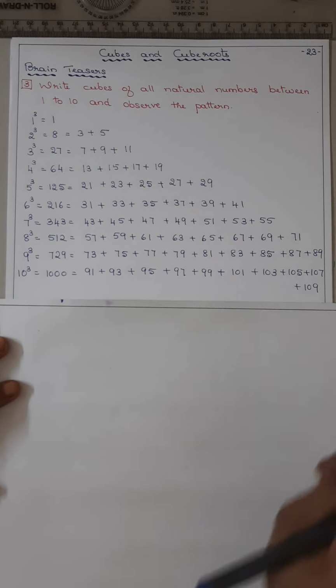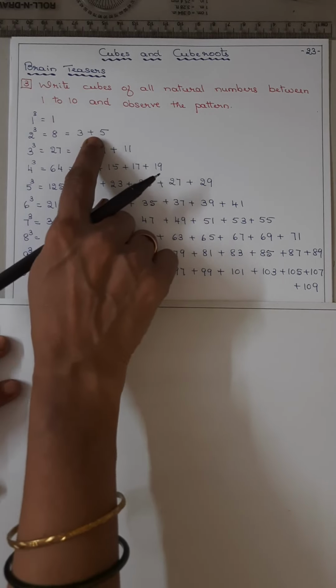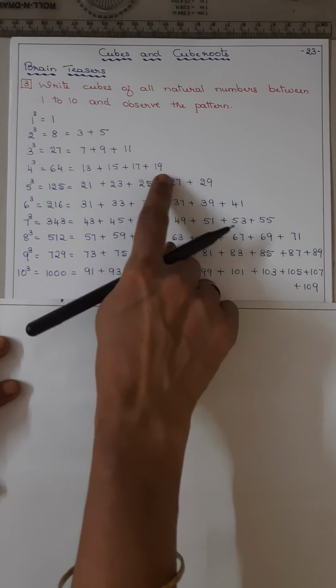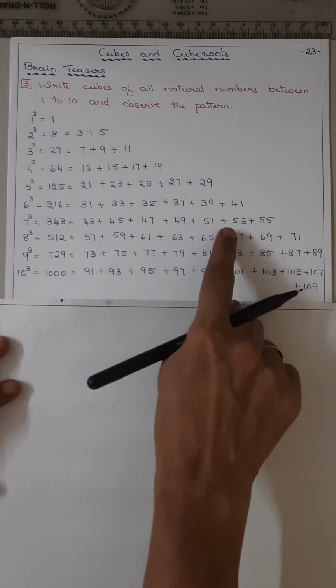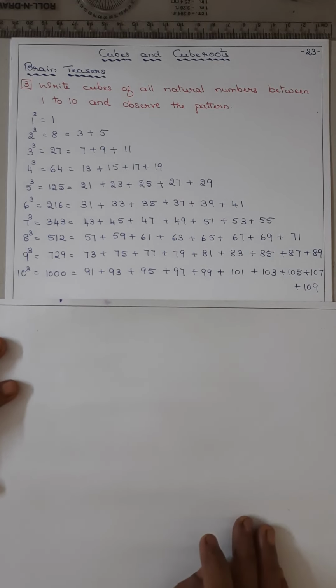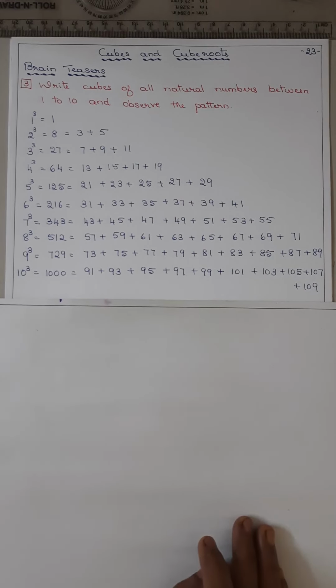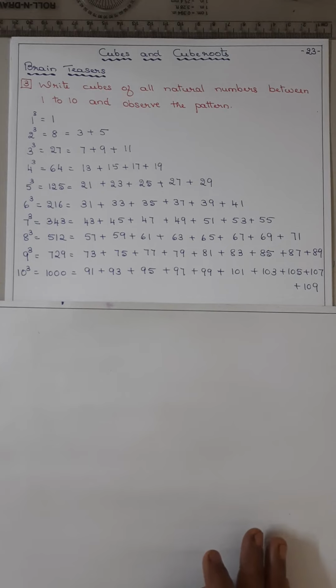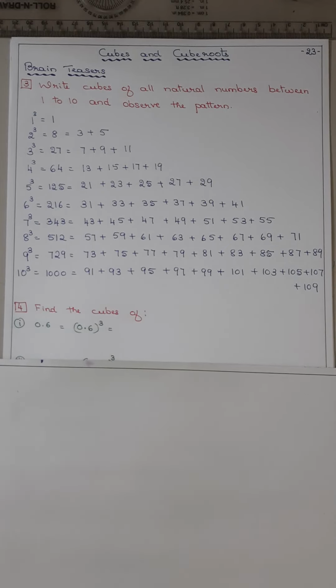So write in this order only, 1, 2, 3, 4, 5, 6, 7, 8, 9, 10. So this is the pattern of the cubes of the numbers from 1 to 10.